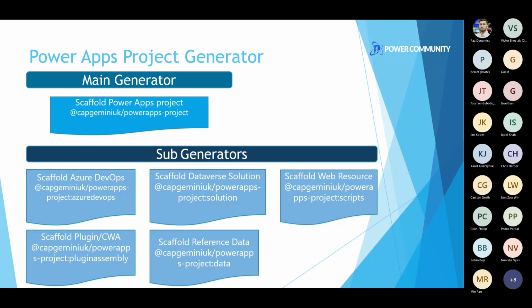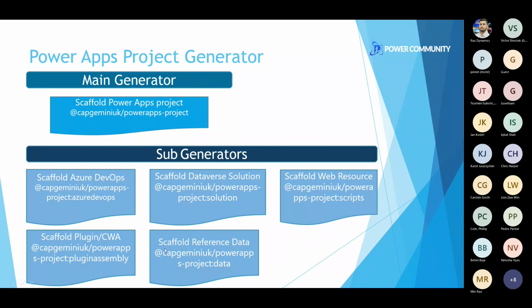So you need a structure in order to extract those solution components into your source control. This solution subgenerator is going to create the code structure and the necessary configuration files, which will help you extract the changes from your Dataverse to your local machine, which you can push to Azure DevOps.